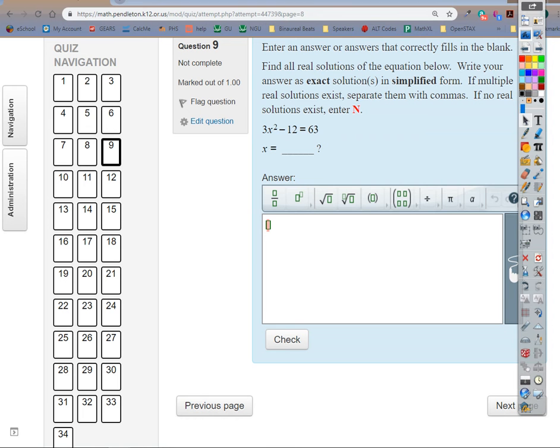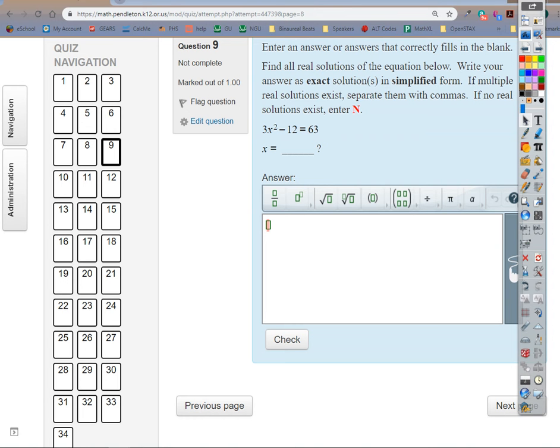Okay, so it says find all real solutions. If no real solutions exist, enter none. We want exact solutions. What are the steps to solve this thing? Add 12, divide by 3, square root, right? So I'm going to get two answers, plus or minus whatever that square root is. Do we need to do it?